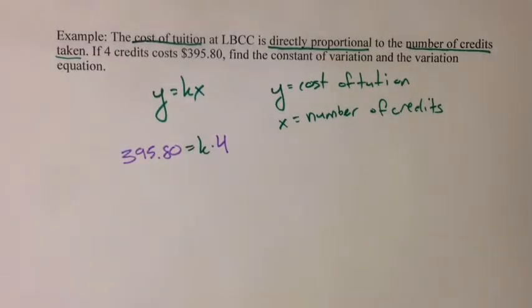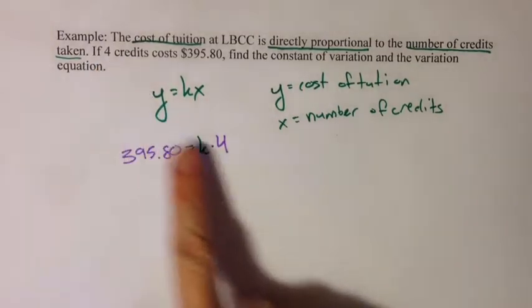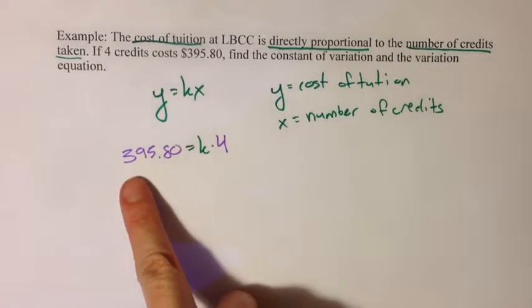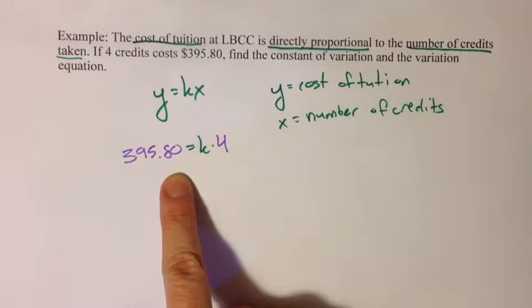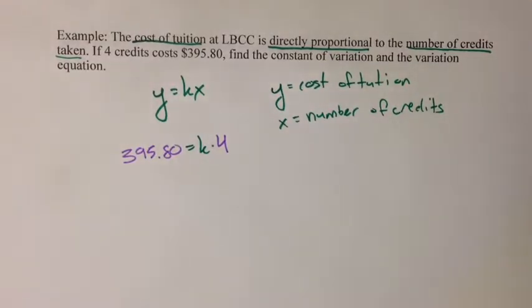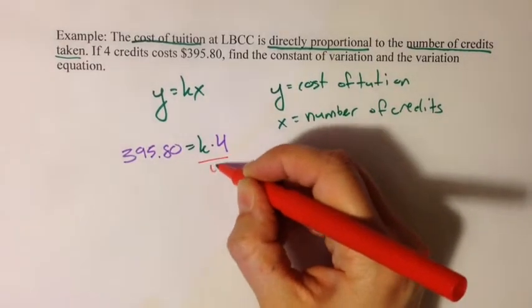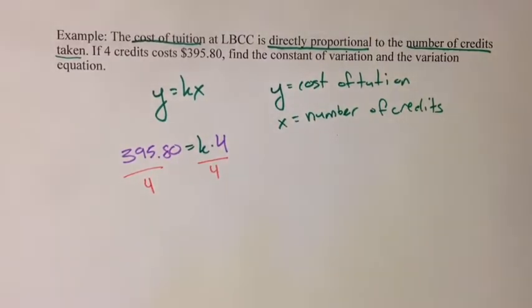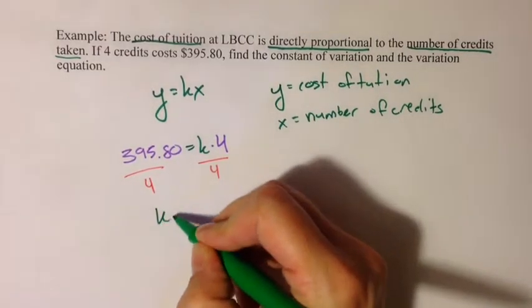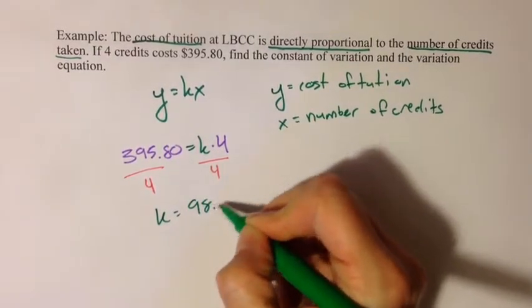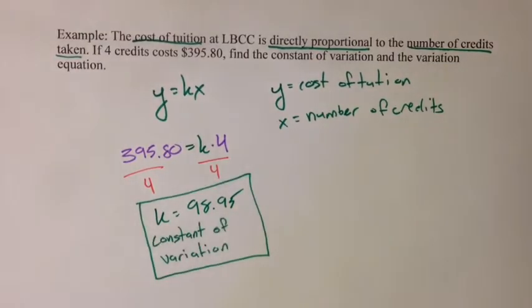Once I've filled in the information that I know, with x is 4 and y is $395.80, I can solve this equation for k, in this case by dividing both sides by 4. That tells me that k is $98.95. So now I've found k, which is my constant of variation.